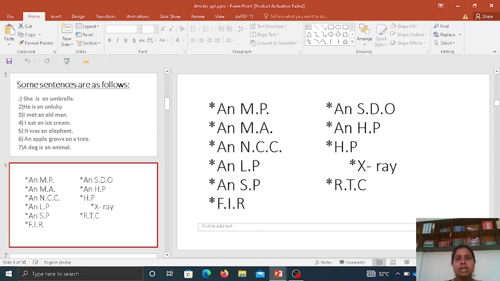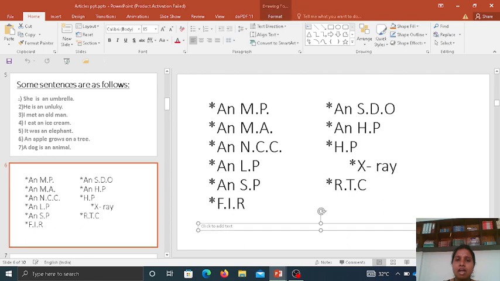MP. Here M is not a vowel, it is a consonant. But when we speak M, it sounds like "em". That's why I write an MP, an MA, an NCC, an LP, an SP, an FIR, an SDO. Just check the sound of what I am speaking.